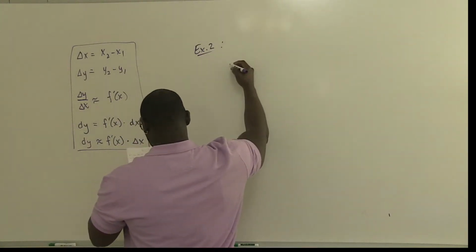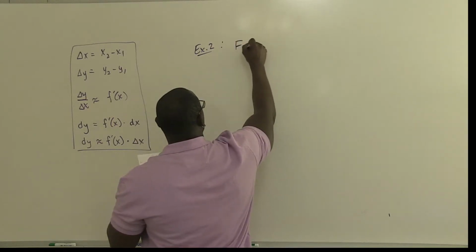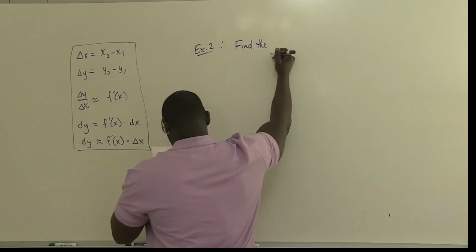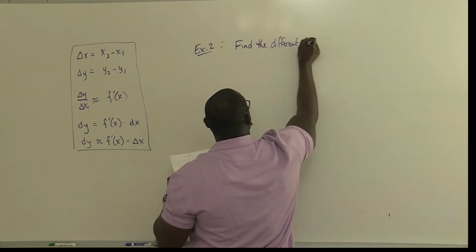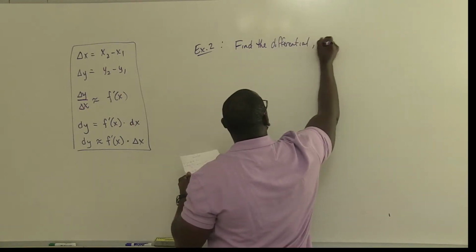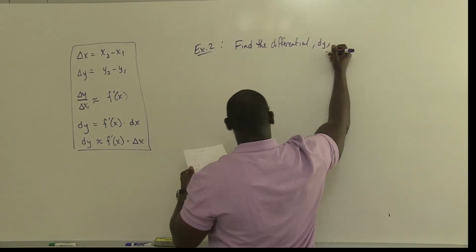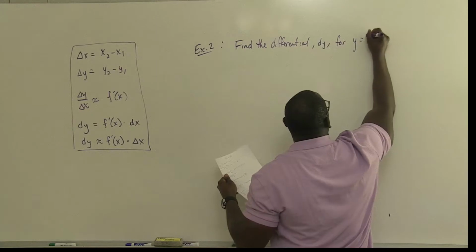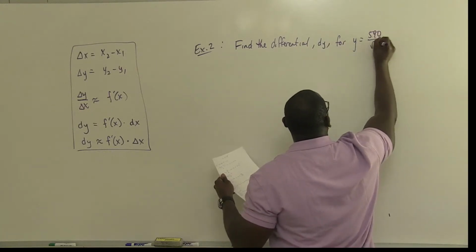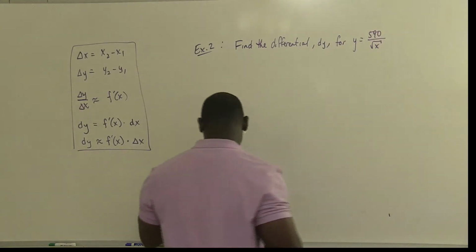All right, so for example 2, we want to find the differential, which we're calling dy, for this particular function. y is 590 divided by the square root of x.